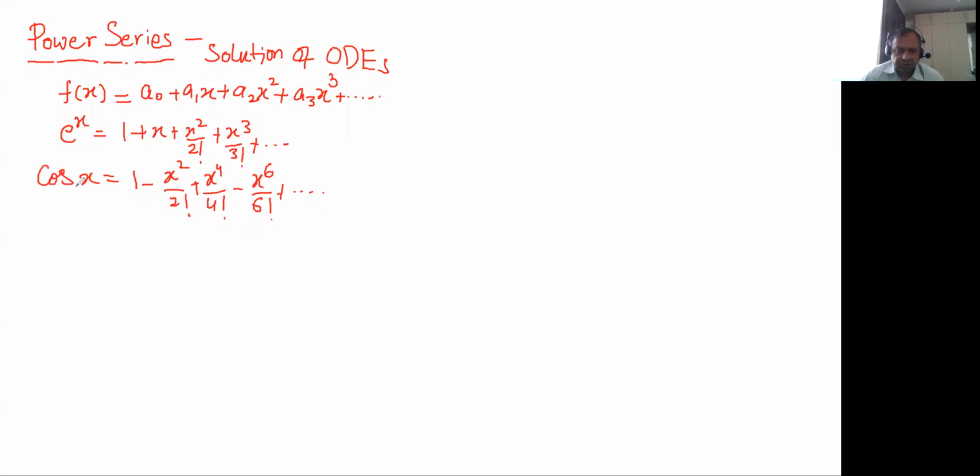And for sine of x, it is x minus x cube over 3 factorial plus x power 5 over 5 factorial minus x power 7 over 7 factorial, and this goes on. So you can see that in the cosine and sine series, the signs are changing from plus to minus to plus to minus.